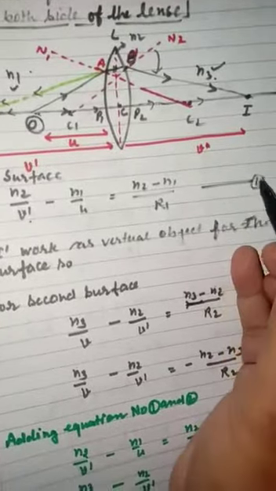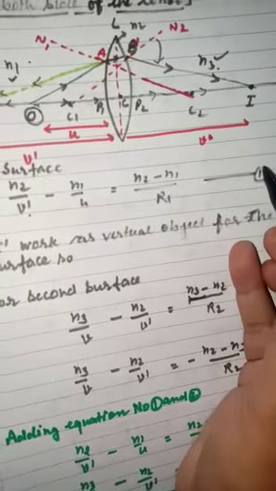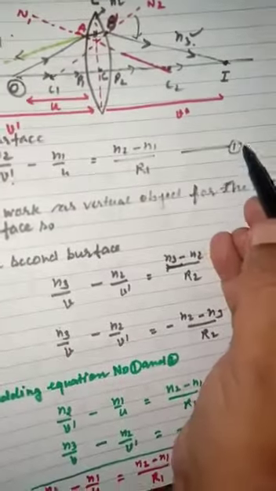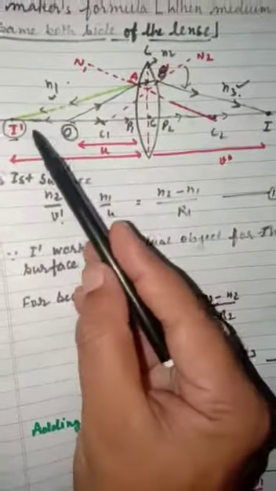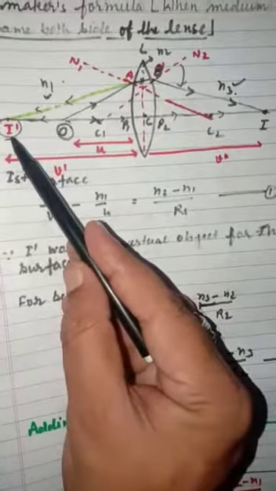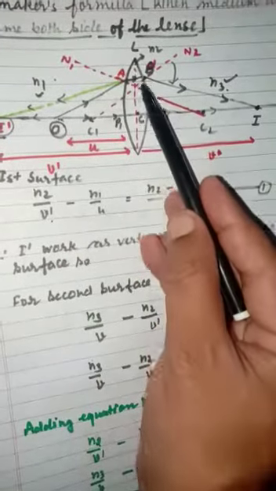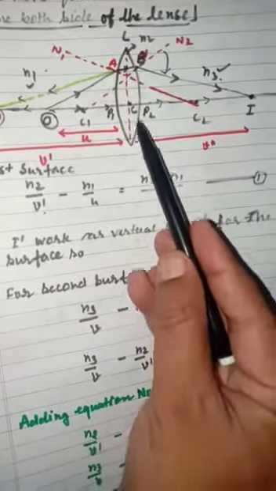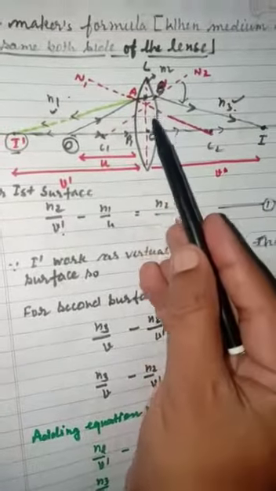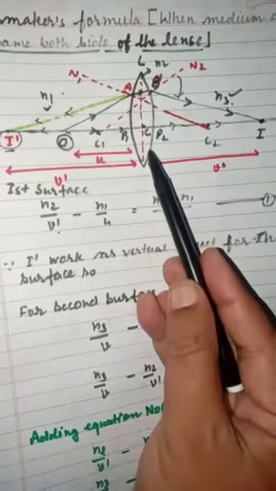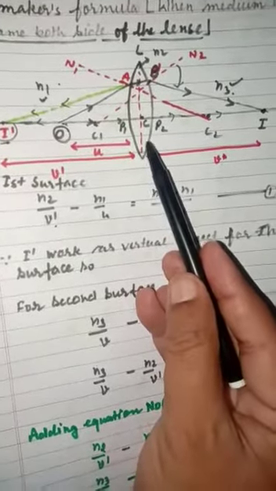This is equation number 1. But you can see here I dash works as a virtual object for the second surface.